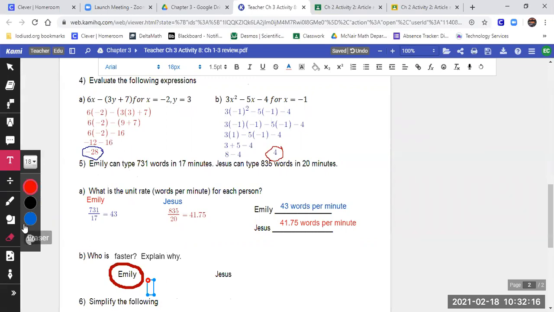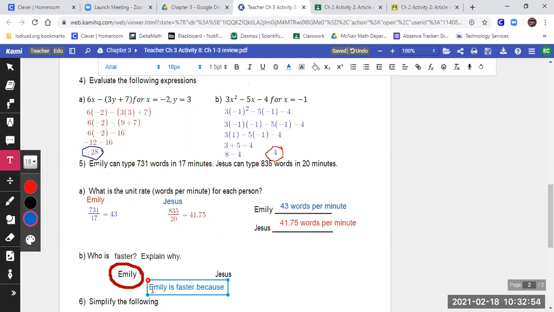So, why are we saying that Emily is faster again? Emily is faster, spell the word faster correctly, because why? Use what we just figured out in part A in this answer. There's no reading.